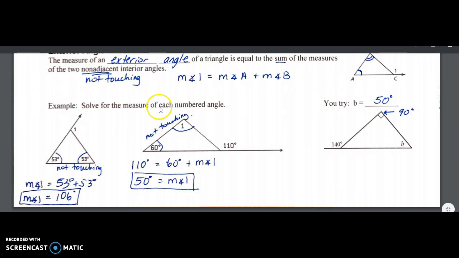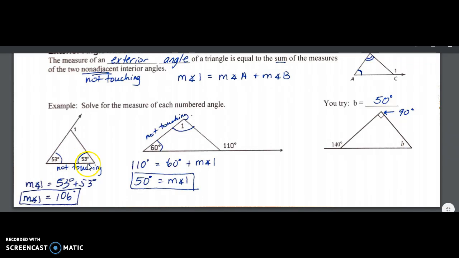We are trying to solve for the measure of each numbered angle. Well, out of these three angles that are given to us, this is 53 degrees, this is 53 degrees, this is our numbered angle of angle 1. Notice this is our exterior angle, angle 1. So that means that this exterior angle is going to equal these two angles added together.